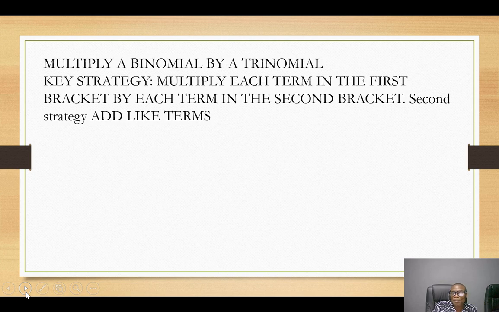So they say multiply each term in the first bracket by each term in the second bracket. And then the second strategy will be to add like terms. I'm going to show you this mathematically because maths can be understood with practice. So we have to work these things out so that you understand. I will explain these two strategies I've talked about.